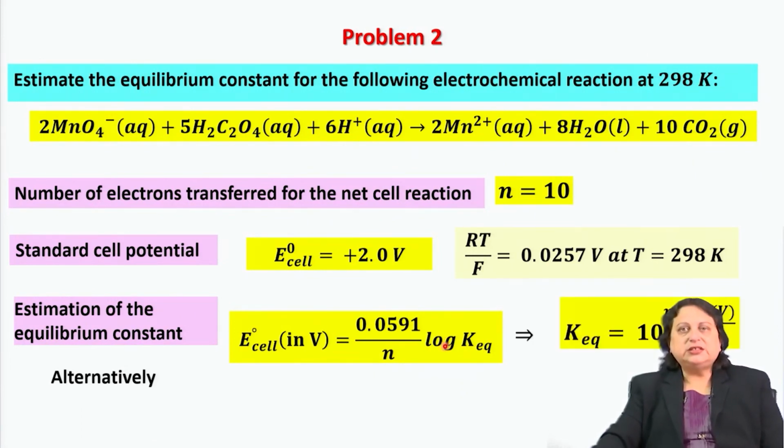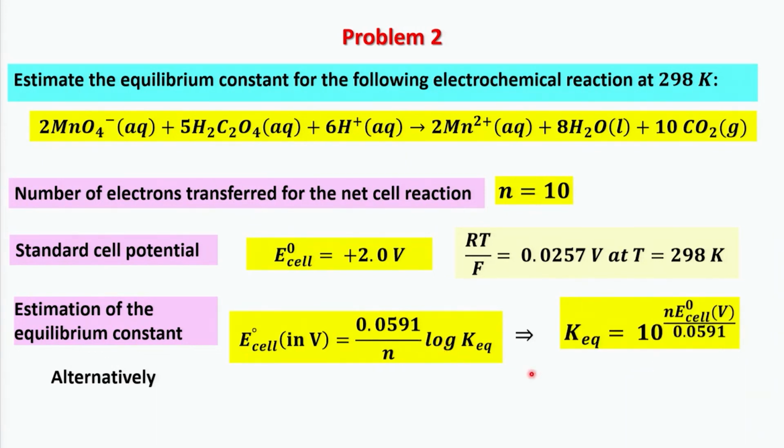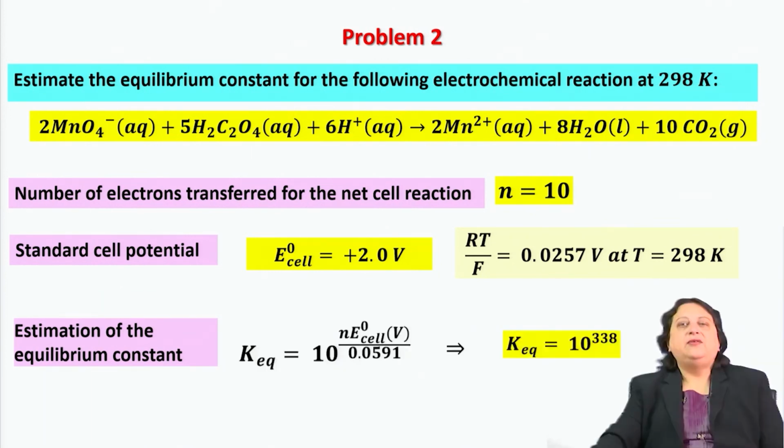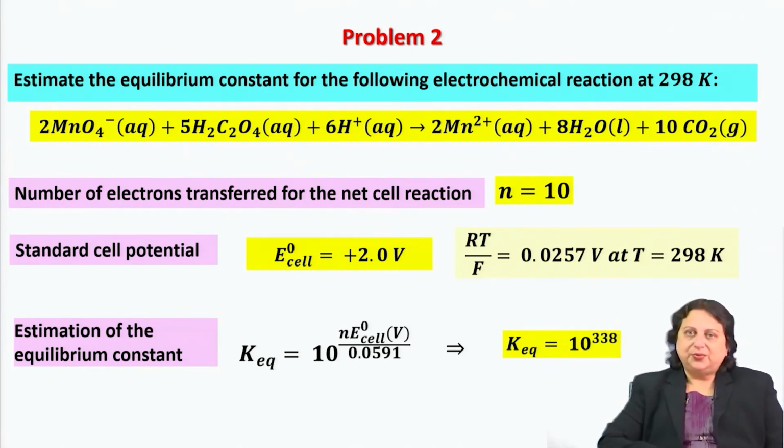Therefore, K equilibrium is equal to 10 to the power of N E naught cell divided by 0.0591. Now, this number is in volt, therefore I will have to give the value of E naught cell in volt, and accordingly I find that the equilibrium constant turns out to be 10 to the power of 338.